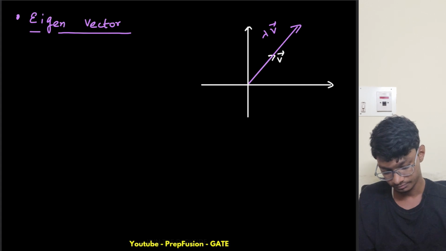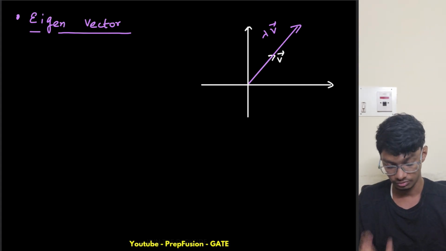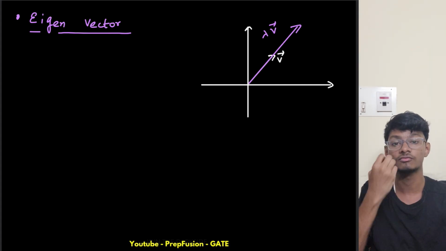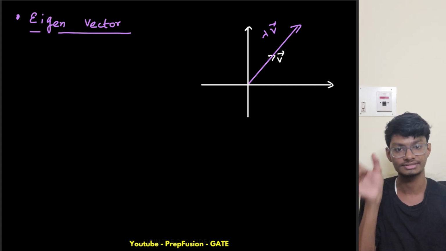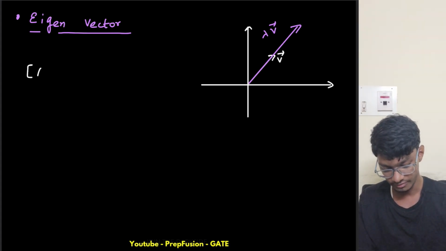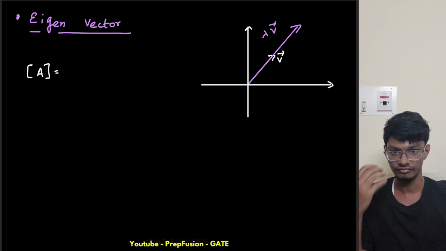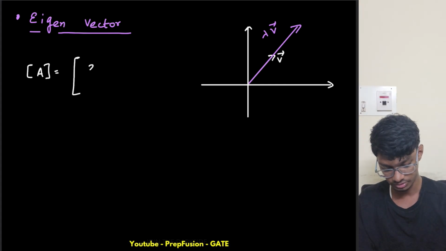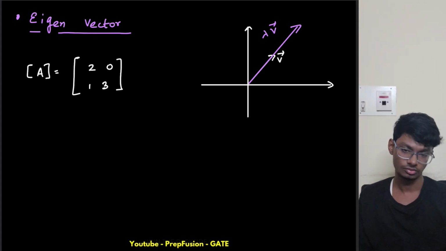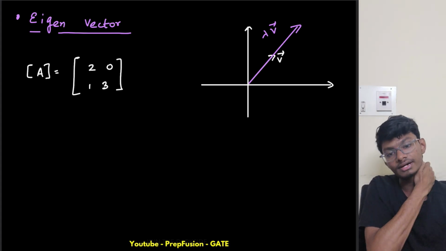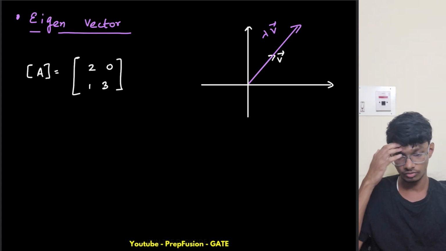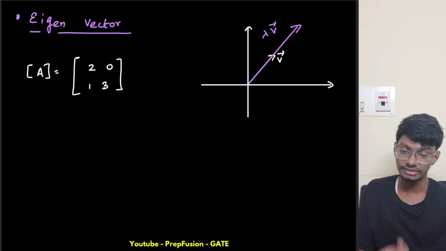So, for example, the eigenvector of the matrix A. Let's take an example. I have the matrix A with the numbers 2 0 and 1 3. After taking the transformation, we'll get the same direction.